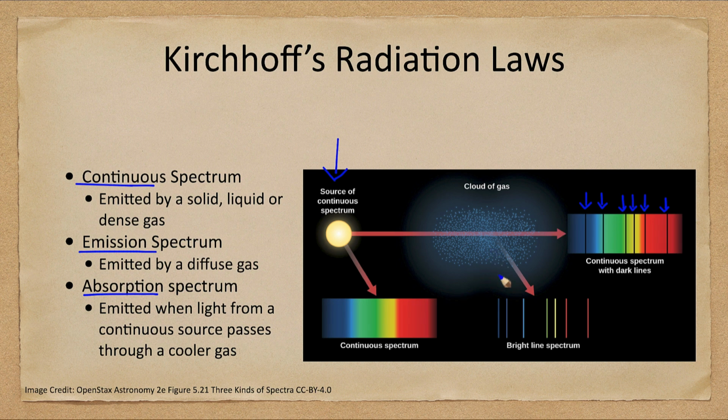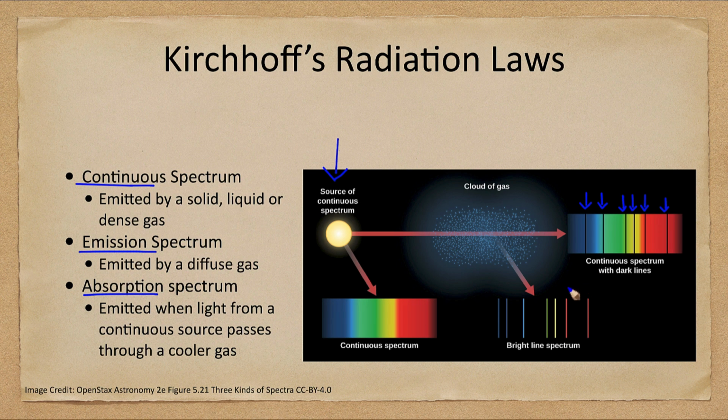When we look at the bright line spectrum, we're looking at just the cloud of gas. So here it's a cool cloud of gas because we're looking at it relative to a much hotter continuous source. When we look at it this way, we're looking at a hot gas because it's hot relative to the background of space. Now what you note is that the lines will be the same.